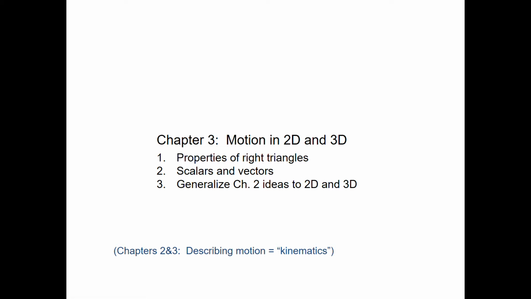They're not too complicated, but they're the language in which we're going to describe position, velocity, and acceleration in multiple dimensions. So the main part of it, where we get back to physics in what I call part 3 of the discussion, is where we talk about acceleration, velocity, and generalize our kinematics equations to multiple dimensions in the case where acceleration is constant. So let's go on and start with the properties of right triangles.